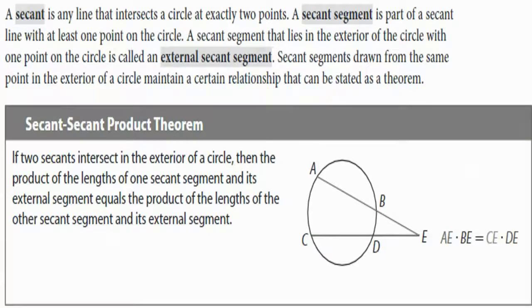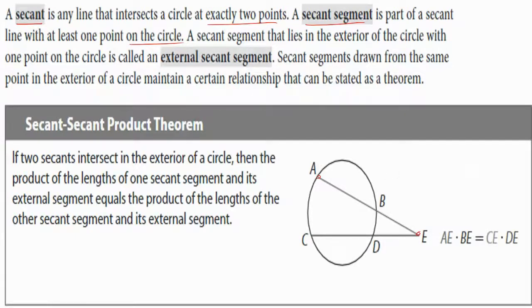All right, so let's focus on some definitions. A secant. So that's a new definition. A secant is any line that intersects a circle at exactly 2 points. A secant segment is a part of a secant with at least 1 point on the circle. So here, AE, for example, that's a secant.